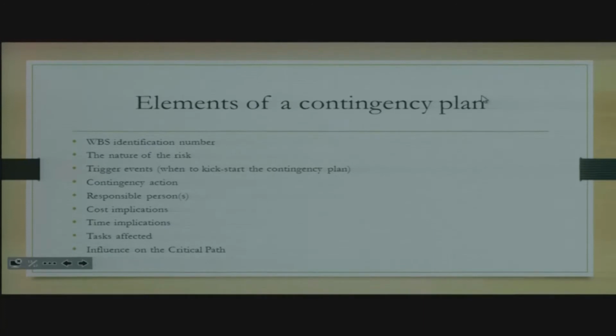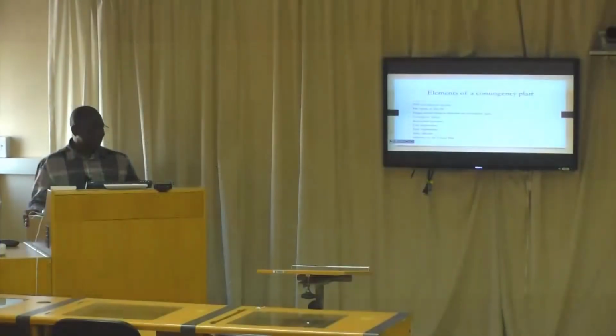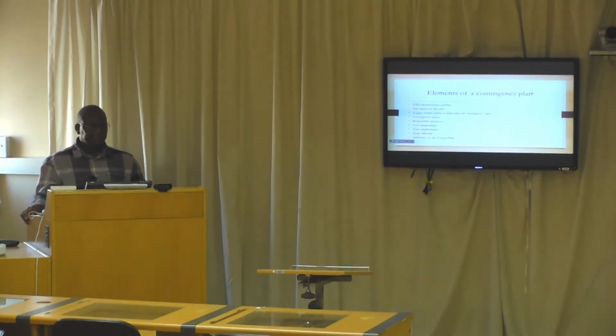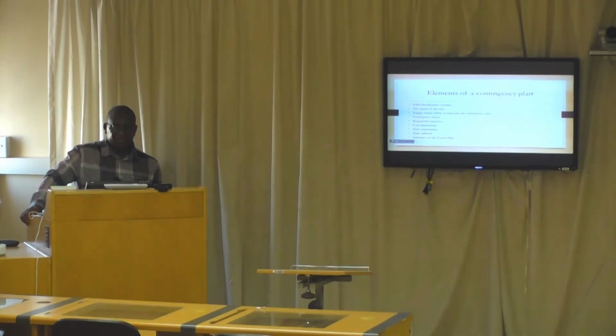You need to have a person that is responsible to kick in the contingency plan, because you don't want a situation where John would say, no, I thought Peter organized it, or Mary, no, I thought so-and-so will organize it. So you need to have a person that you say, Werner, you are responsible for the contingency plan, and you are the one that should give a go-ahead for it to be implemented.